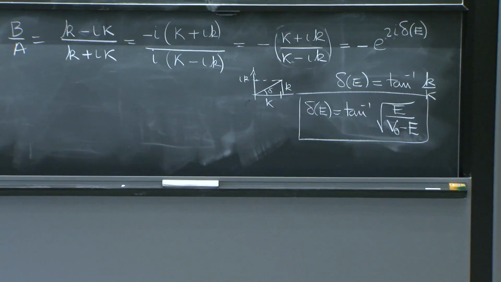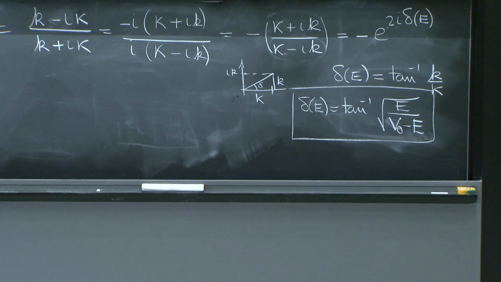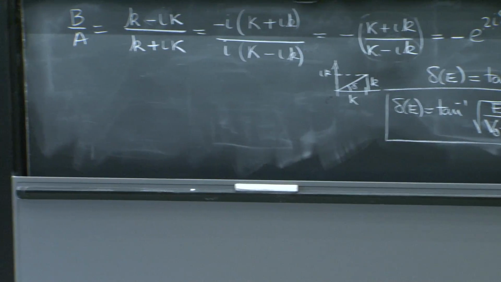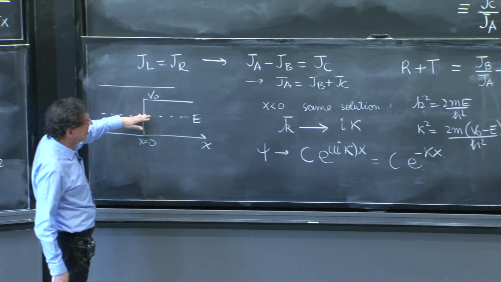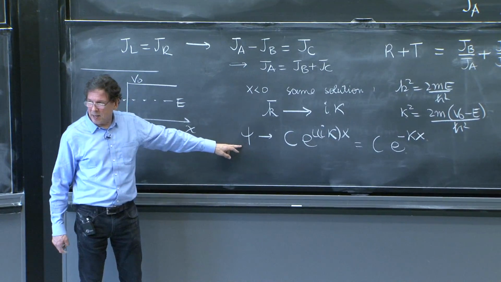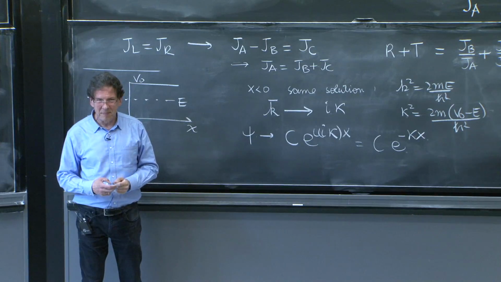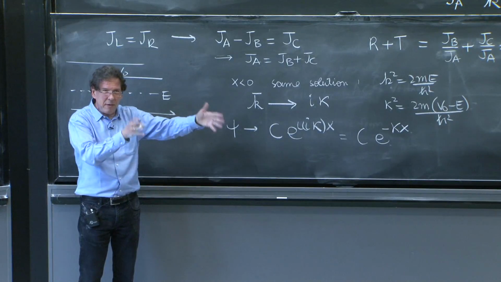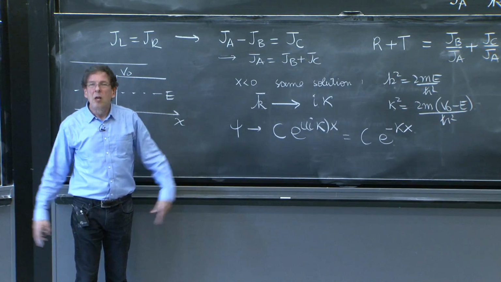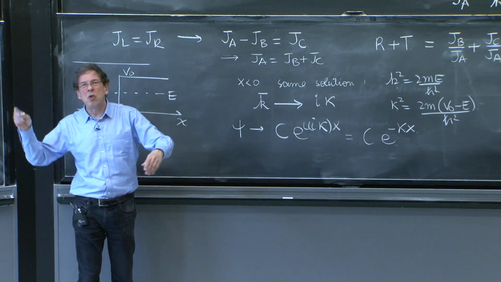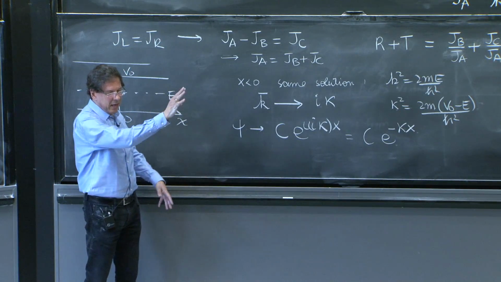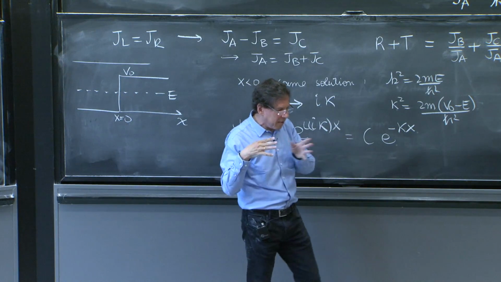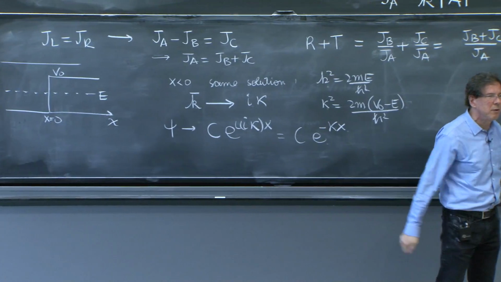Now I got the question about current conservation. What happens to current conservation this time? Well, you have all these waves here, but on the region x greater than 0, the solution is real. If the solution is real, there is no probability current on the right. There's really no probability that you get current flowing there and this pulse or whatever you send keeps moving and moving to the right.